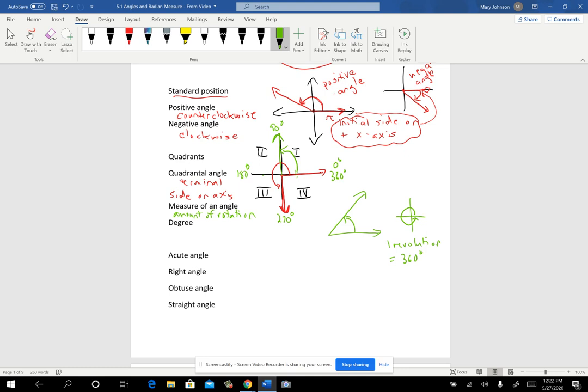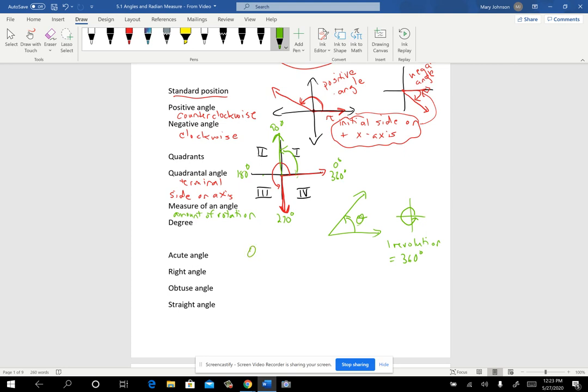Okay. All right, now let's talk about acute angles, right angles, obtuse angles. These are a lot of times referring to angles in a triangle and whether those are acute, right, or obtuse. So the measure of an acute angle, let me label an angle. A lot of times we'll label it using Greek letters, and this one is theta. It looks like an O with an extra little piece to it.